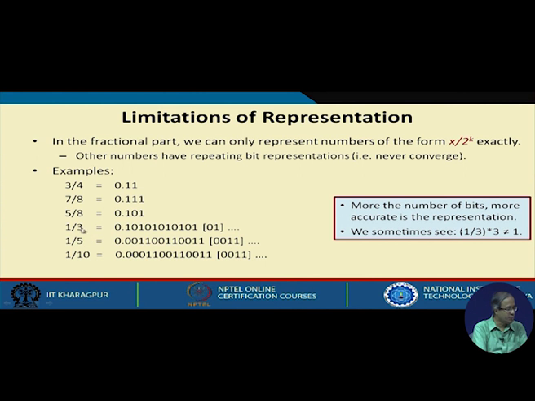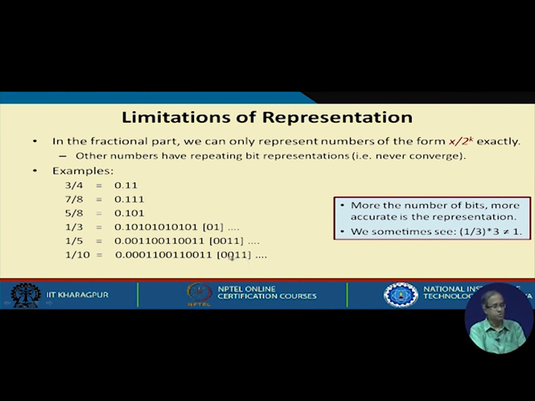But if the denominator is not a power of 2, like here I have taken examples of 3, 5 and 10, if you go on expanding decimal into binary, you will see that it will never terminate. So, this 1 by 3, this 10 10 10 alternates, 1 by 5 you see 0011 0011 alternates, this 1 by 10 also you will see after some point 0011 0011 keeps alternating.